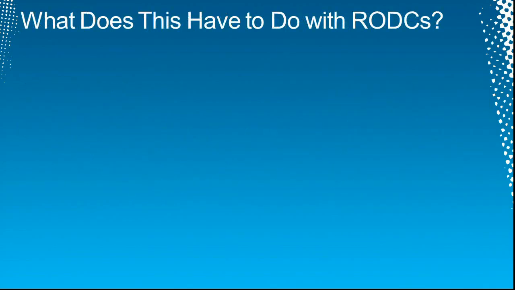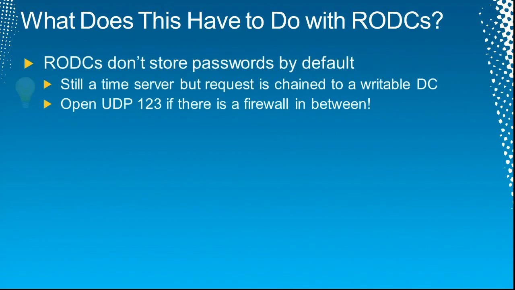So why is this important when you are deploying RODCs? Well, RODCs don't store passwords by default. If RODCs don't store passwords by default, then there's no way the RODC will be able to get the NT4 hash password of the account and return the digest to the client. What will happen at this point is that the RODC will chain that request to a writable domain controller.